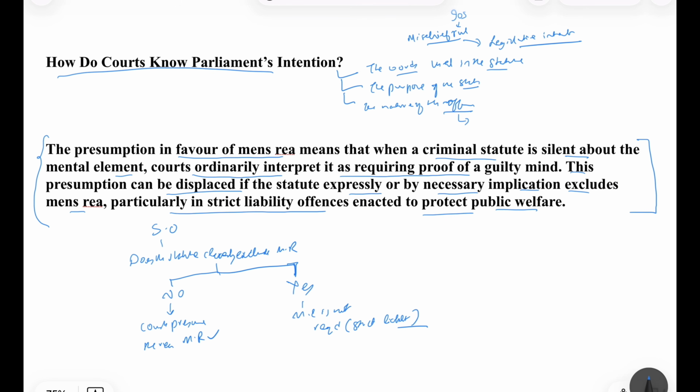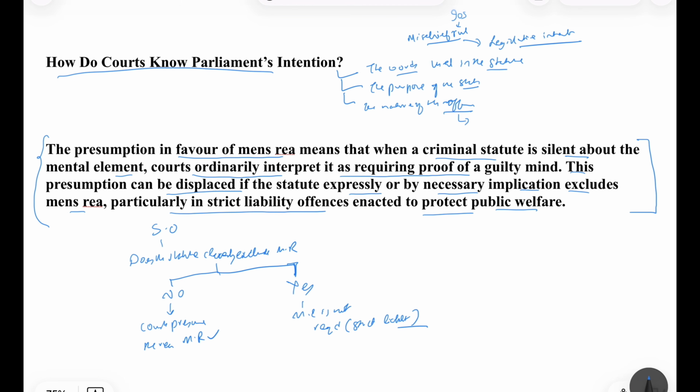Firstly, is this rule fair or not? Meaning, the presumption in favor of mens rea for a criminal statute, whether this rule is fair or not. I will explain this with an example in a rational way. Imagine you accidentally pick up someone else's identical suitcase in an airport, genuinely believing that it is yours.